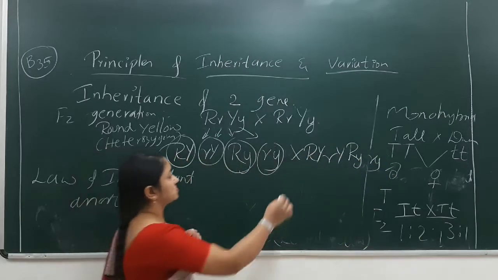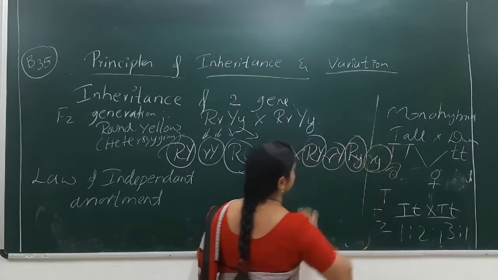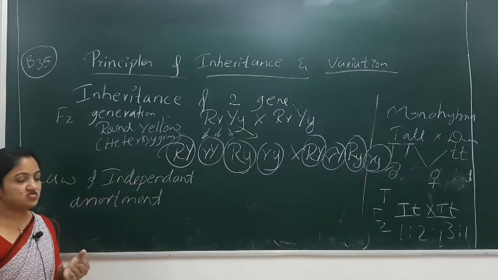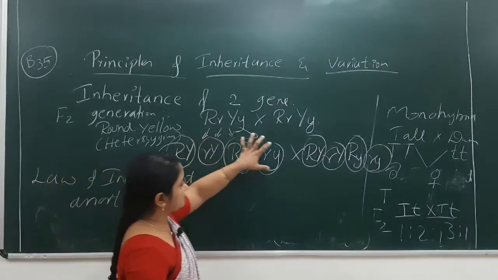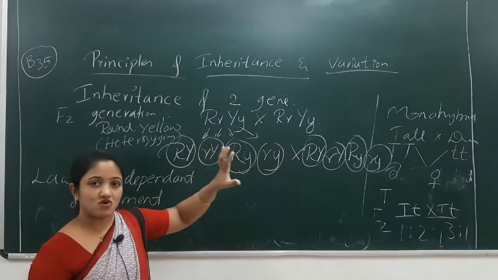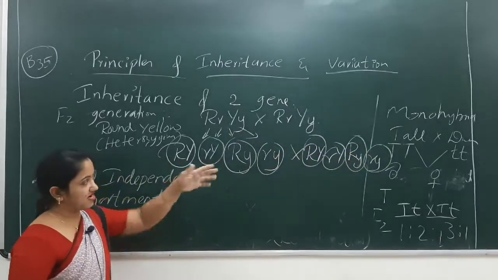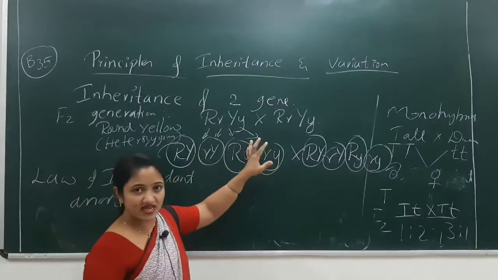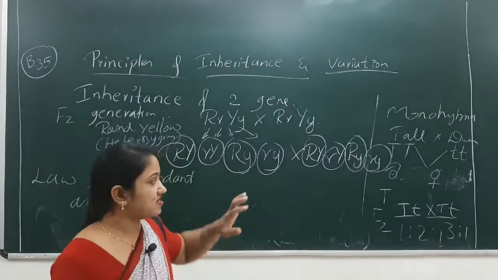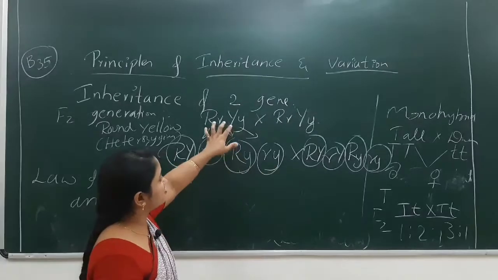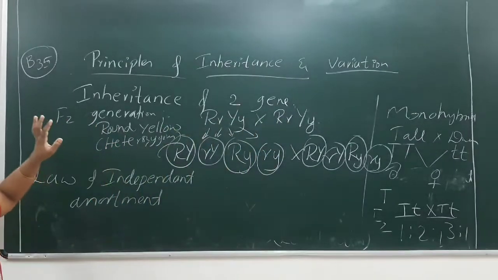So, that's all about the gamete distribution. So, next step, what do you have to do? You have to take these gametes on one side and these gametes on the other side. Consider these gametes as male gametes and these gametes as female gametes, because it is similar. Why? Because we are selfing the parent generation.